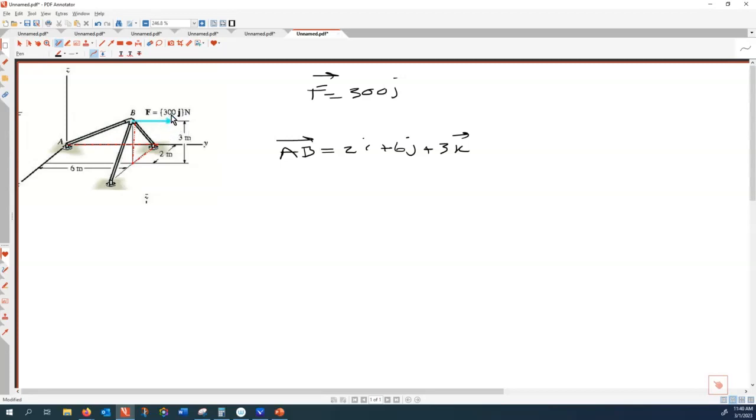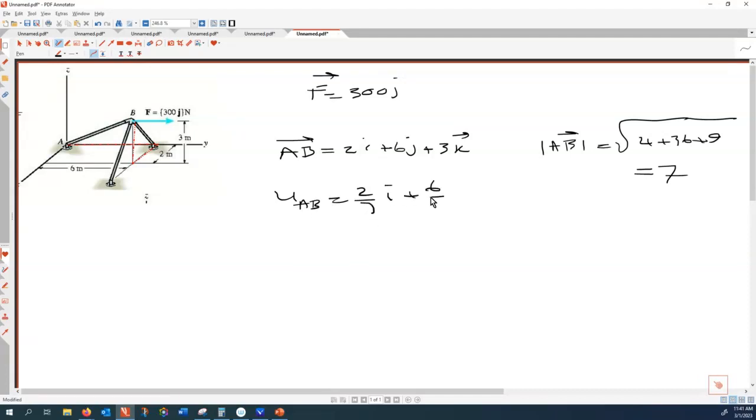So we multiply that by the unit vector of AB. What is the unit vector of AB? The magnitude of AB is the square root of 4, 36, 9, which is 7. So the unit vector of AB is 2 over 7 i, 6 over 7 j, 3 over 7 k.